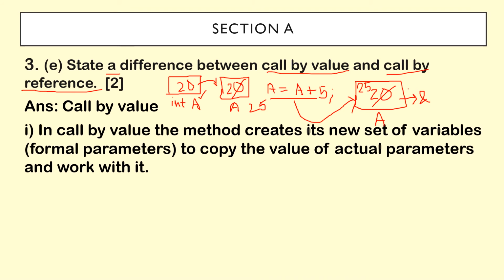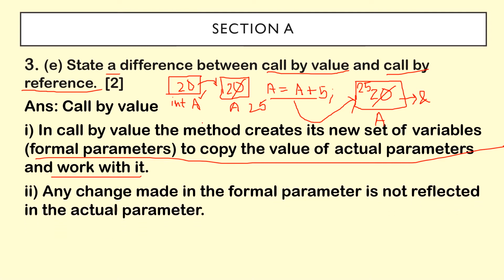In call by value, the method creates a new set of variables, that is formal parameters, to copy the value of actual parameters. So here a copy is created, and now you are working with the copy, not with the actual one. That is the important point of call by value.